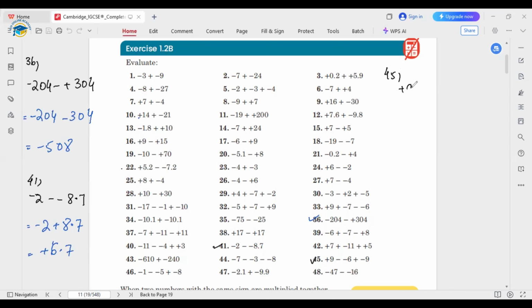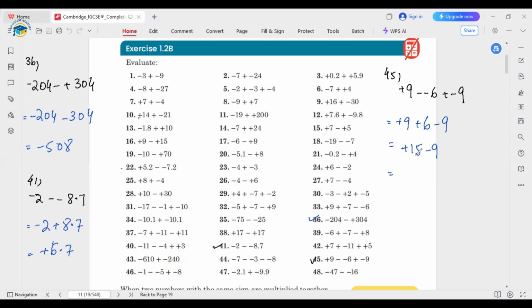Okay, let's go on with part number 45. We have +9, -6, +9. So let's solve these. We have +9, negative, positive negative is negative, and 9 along with that. So as the first two numbers are having positive sign, they are going to add up. So 9 and 6 would be +15, and this -9 would be as it is.